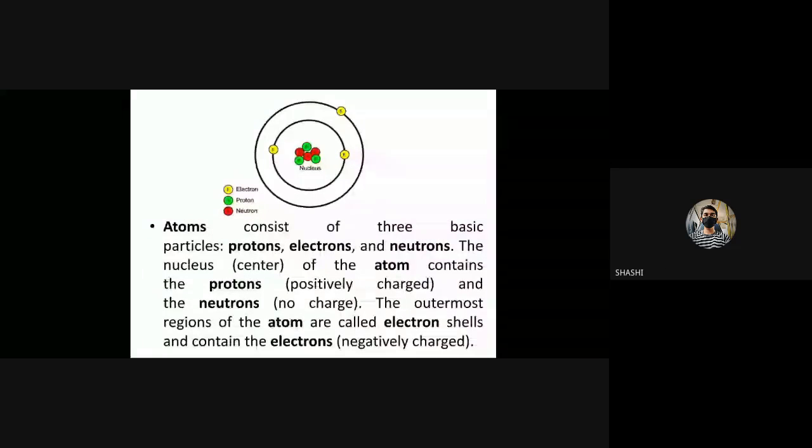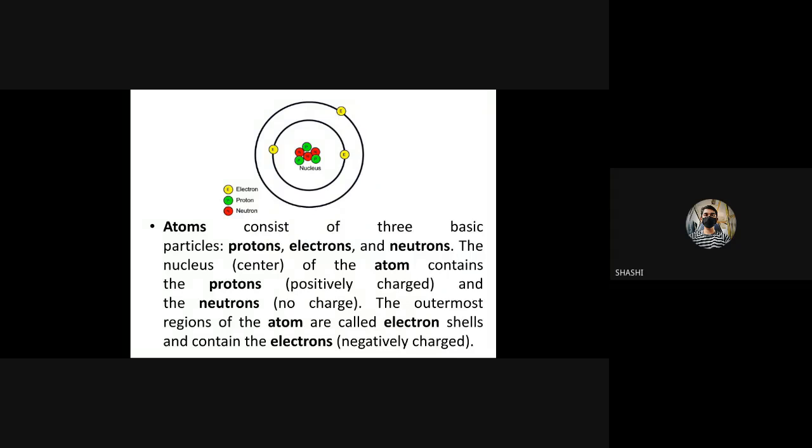So, this is the structure of an atom, and I hope you all know that atoms are made up of three things. What are they? They are electrons, protons, and neutrons. Out of these, the neutron and proton form the nucleus, which is inside. You can see nucleus written over here.